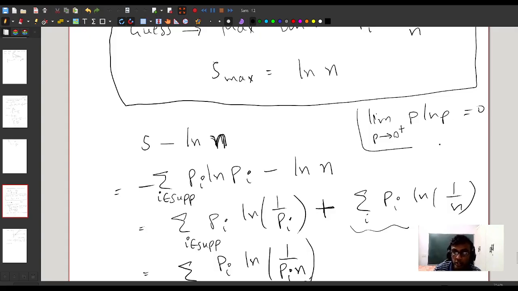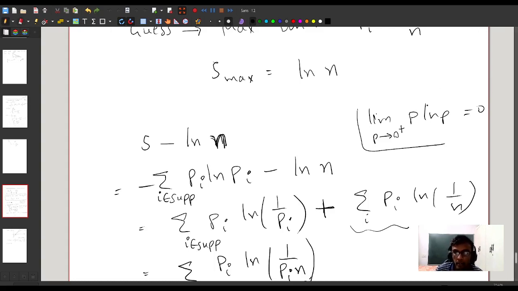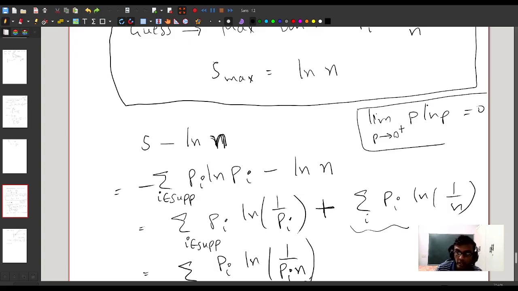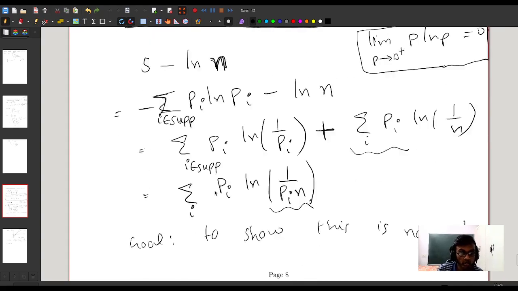So we may just drop these terms, or you can assume that the definition of entropy is such that the summation is defined only on those values with finite support in the probability mass function.